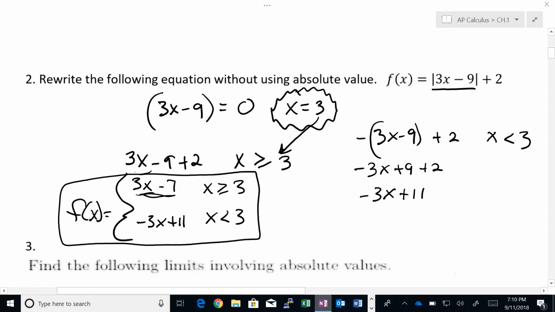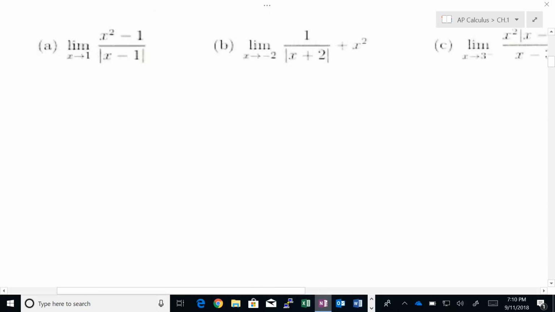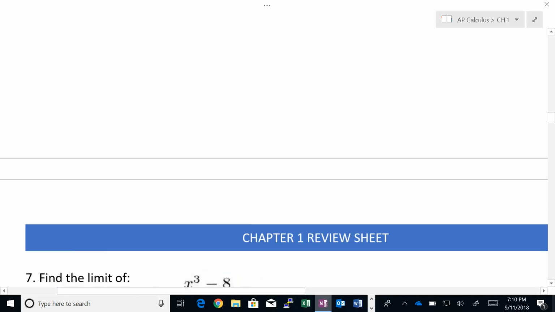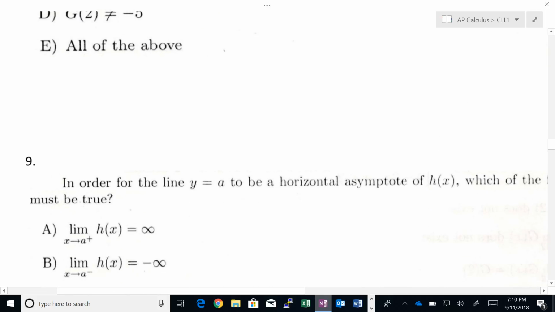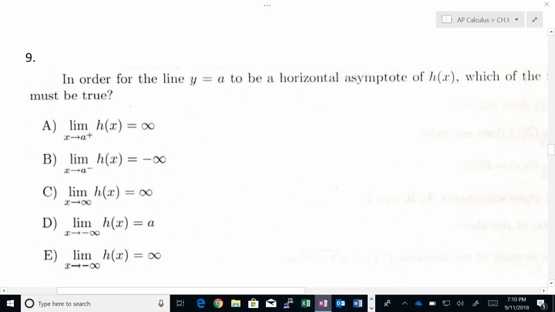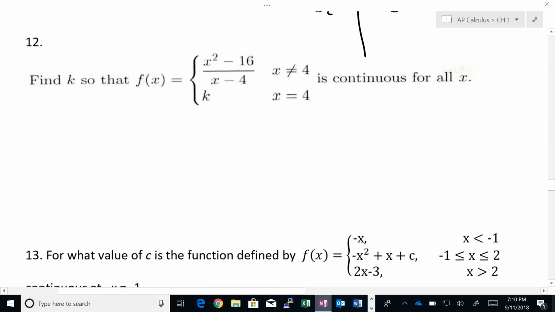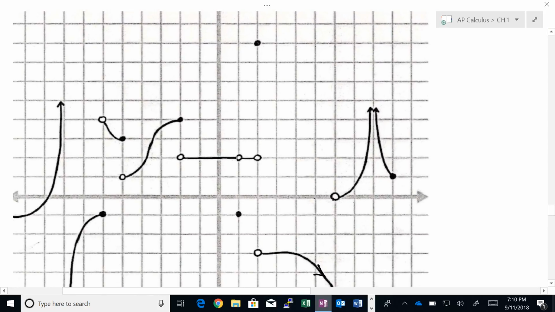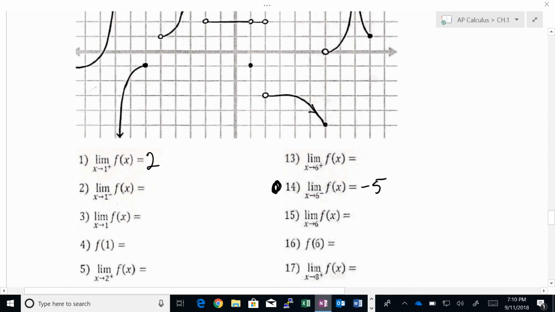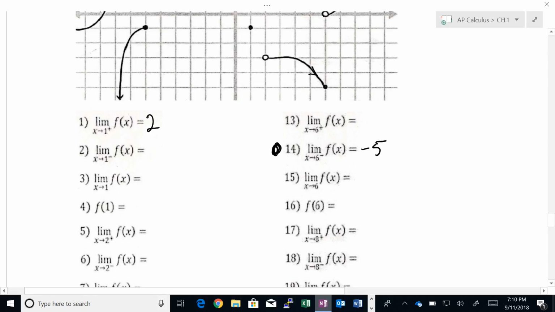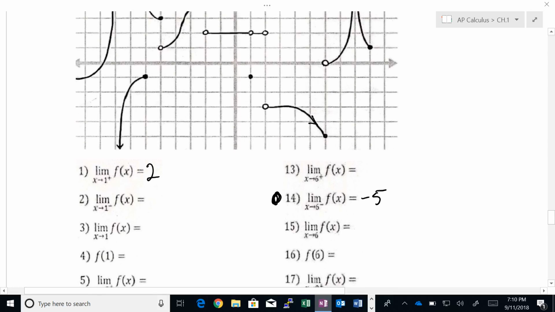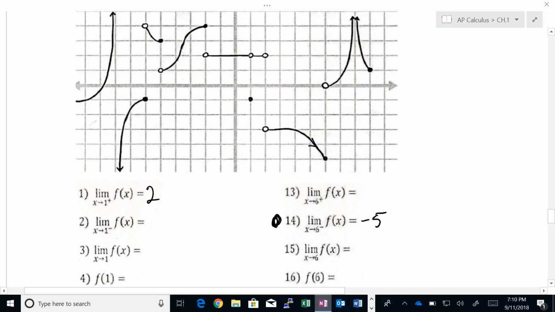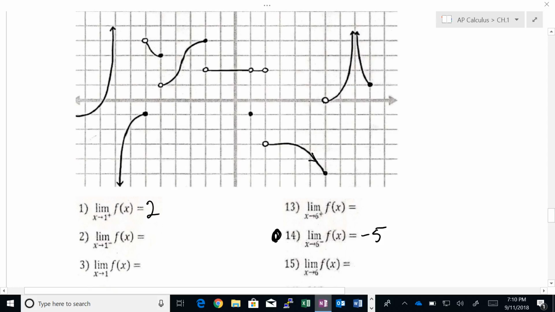Then someone was wanting number 9 and 14. All right. Let me zip through all of these real quick. So as we approach 1 from the right, I'm going to 2. So that's going to this guy right here. All right.